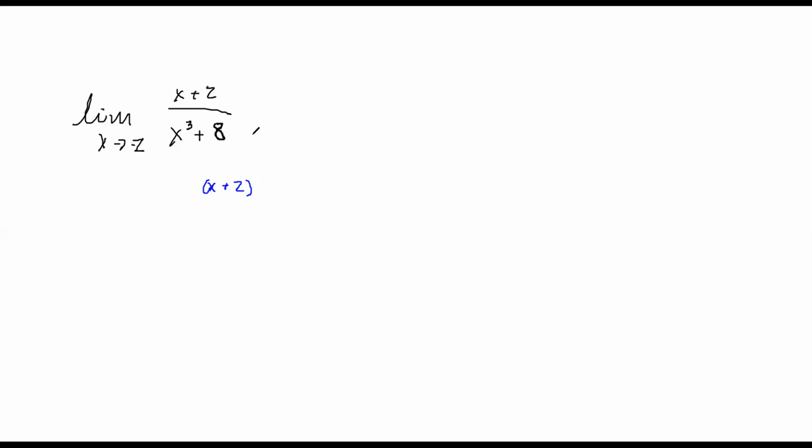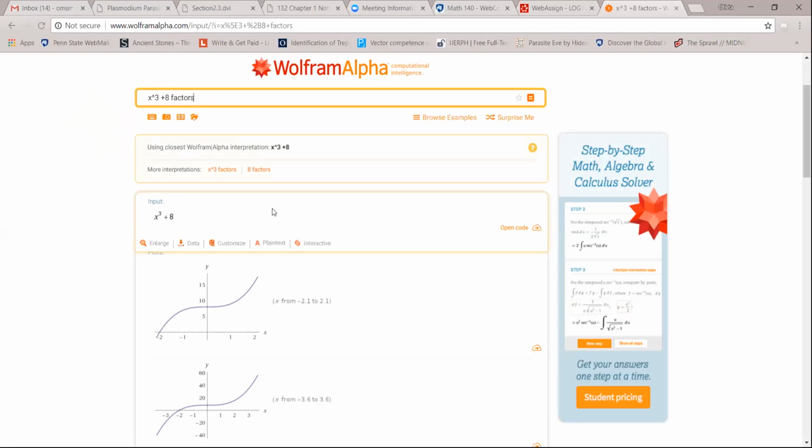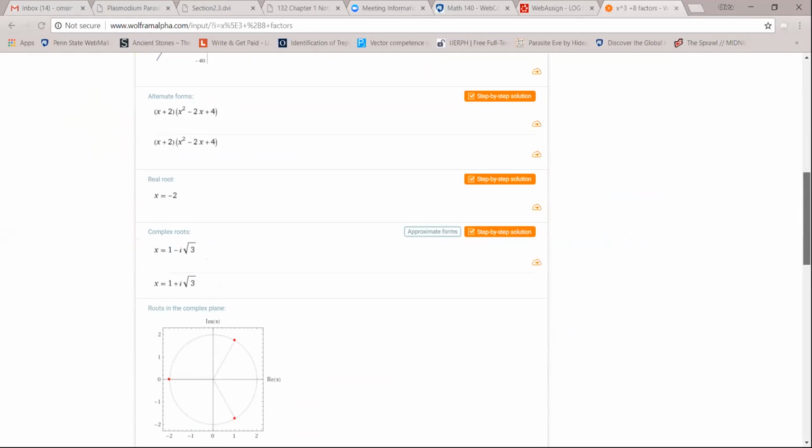How did you change your screen? New share. Got it. And you all see Wolfram Alpha, my friend? Yeah. Ta-da.